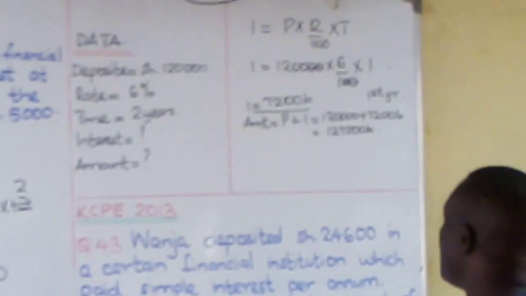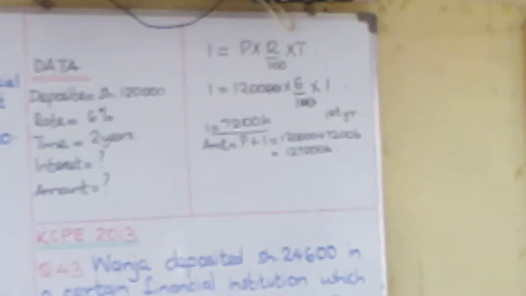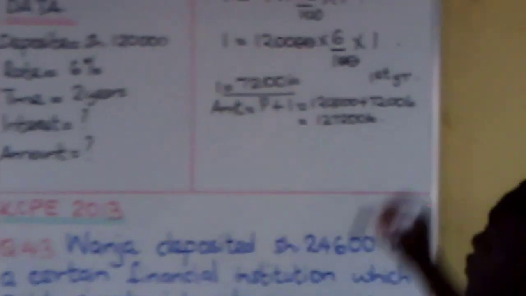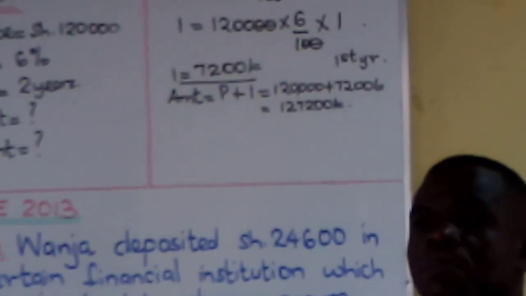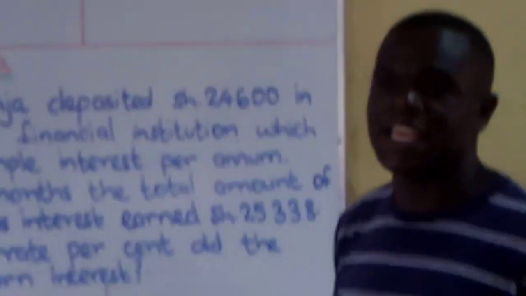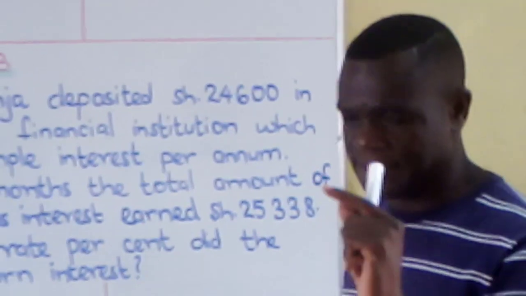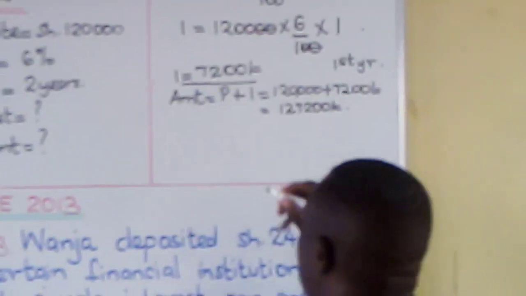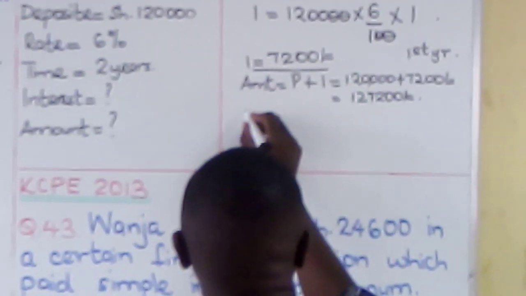That would be the amount of the first year. Pay attention again, boys and girls. The amount of the first year becomes the principal of the second year. Note that.